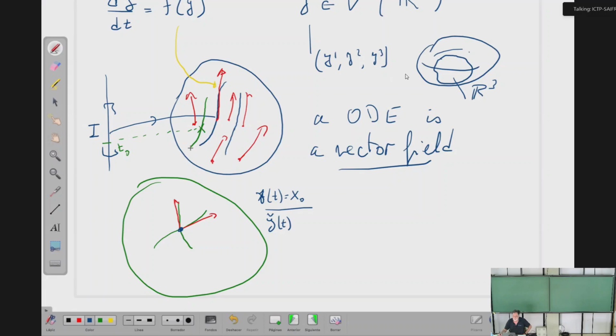Of course, I can have an interval and a solution.